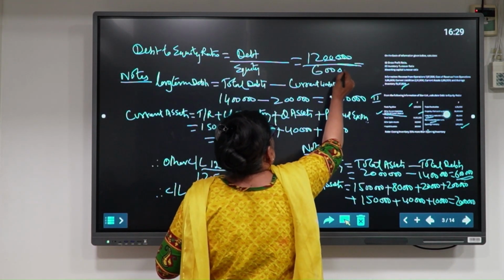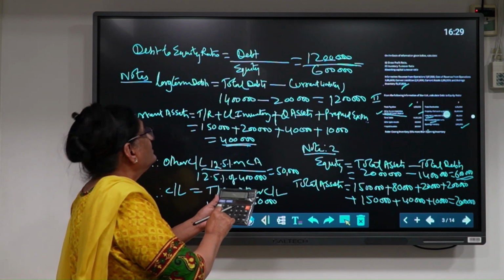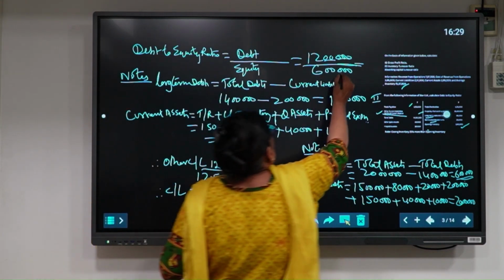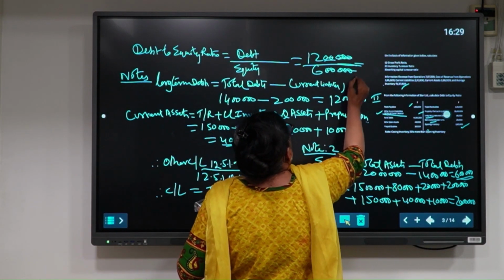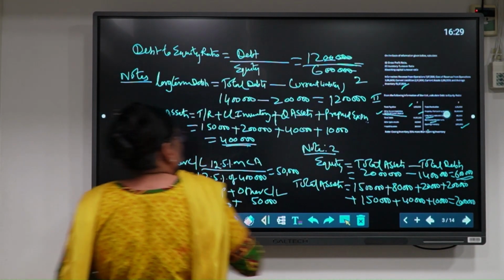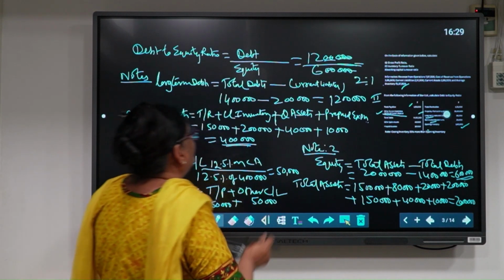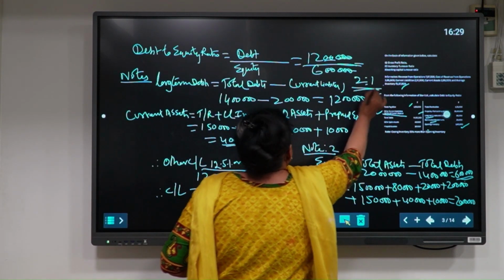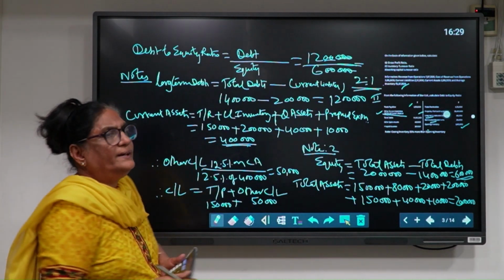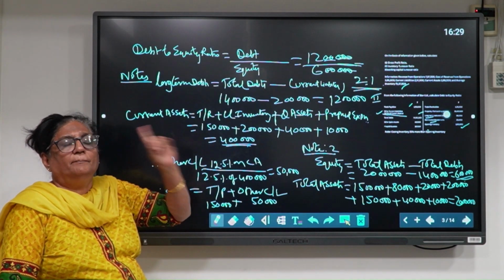That one is thinking why I am taking that 20. So 12 lakhs divided by 6 lakhs: 6 twos are 12, so 2 to 1, or 2 times. Yes. So correct. This is my equity. This is my debt to equity. So debt means long-term debenture, bank loan.